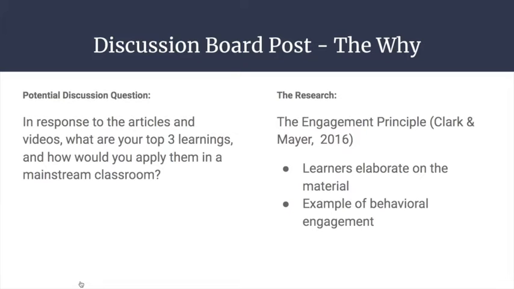The learners elaborate on the material, and this is an example of behavioral engagement. The learners are performing an overt action, which is discussing and posting on the message board. The learners will be required to do an initial response post and then respond to at least 2 of their colleagues.